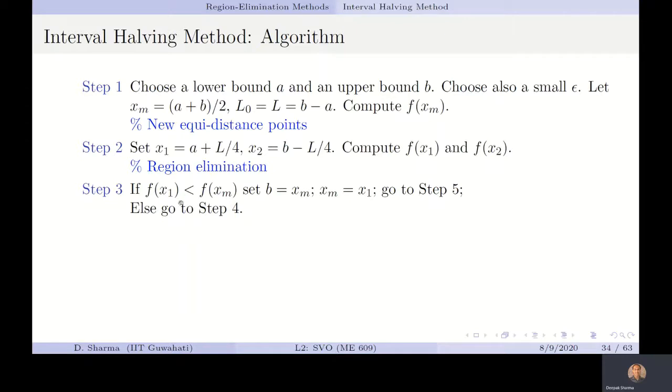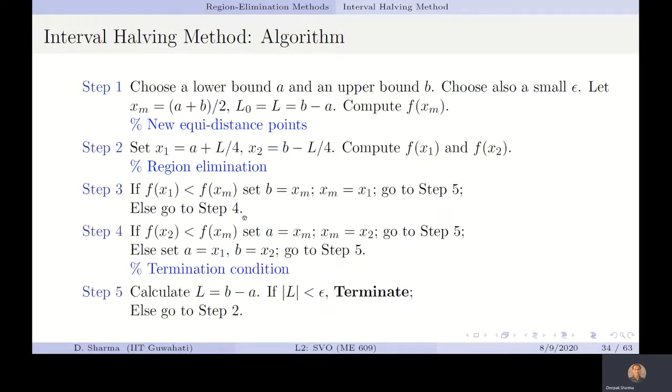Suppose this condition is not satisfied, then we go to step 4. Step 4 checks whether the function value at x2 is smaller than the function value at xm. It suggests that the minima will never be lying from a to xm. So we update a to xm, xm to x2, and we go to step 5.